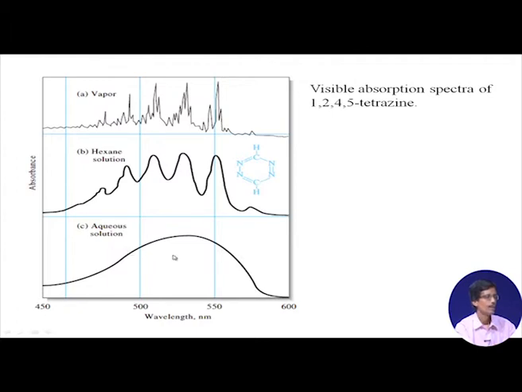Only the feature of the spectrum, which we have recorded in aqueous medium, has changed from aqueous to hexane solution, and the hexane solution spectrum is giving rise to some features which are already present in the broad absorption spectrum.